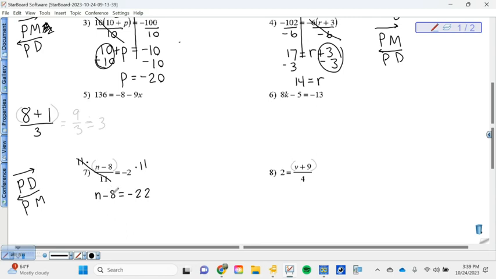Okay, now I just have this subtraction here. How do I undo the subtraction? I'm going to add 8. So now I have n equals negative 22 plus 8. Good, negative 14. Okay, you guys try number 8, please.